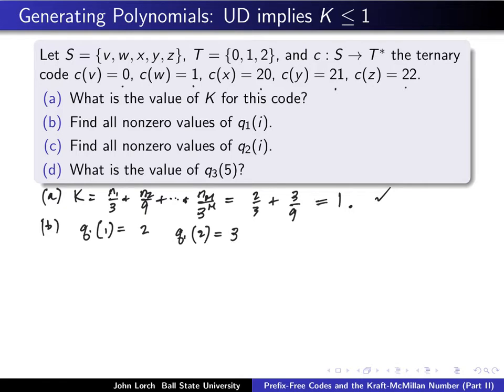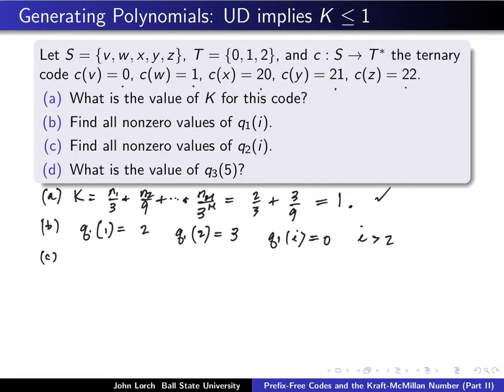There are 3 of them. And then q sub 1 of i equals 0 whenever i is bigger than 2. Right? There are no code words of length 3 or of length 4 or of length 5, etc.